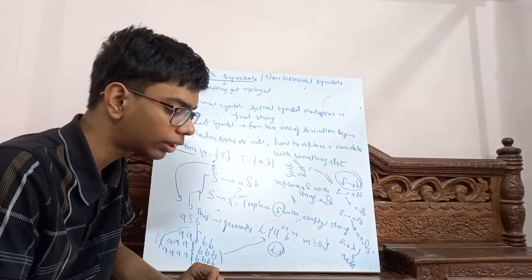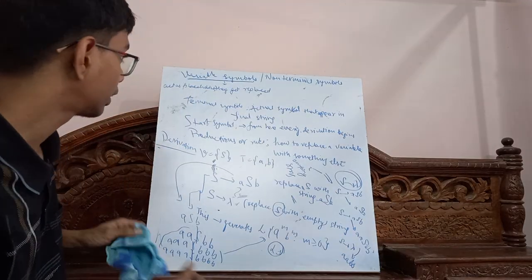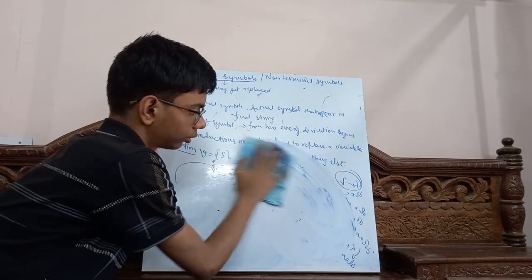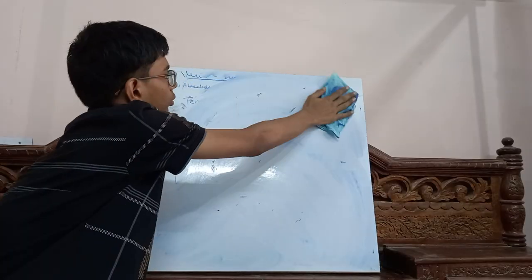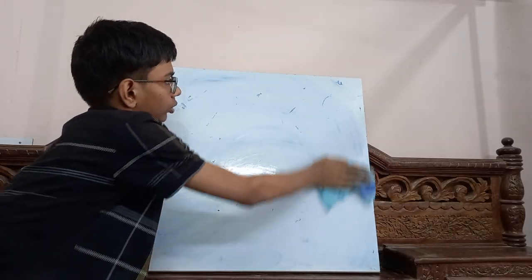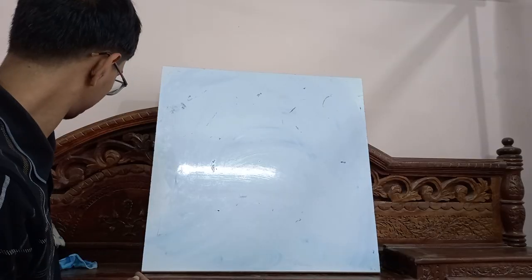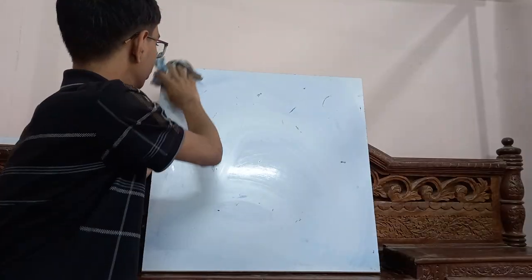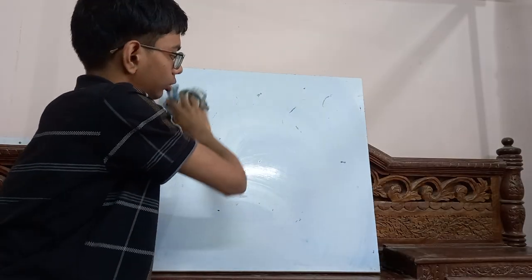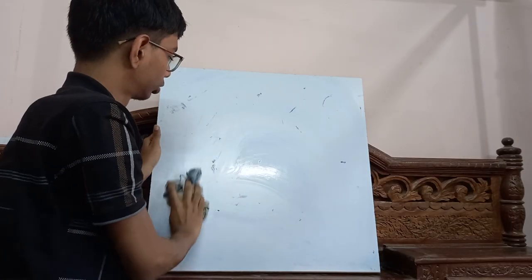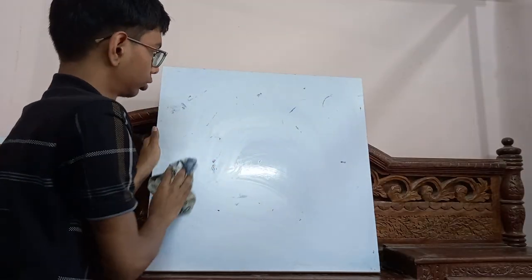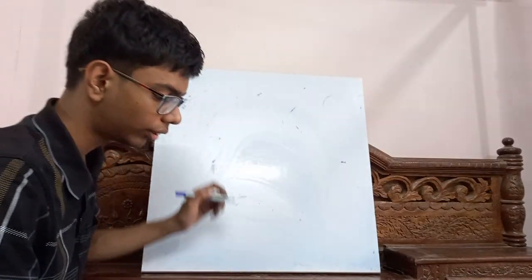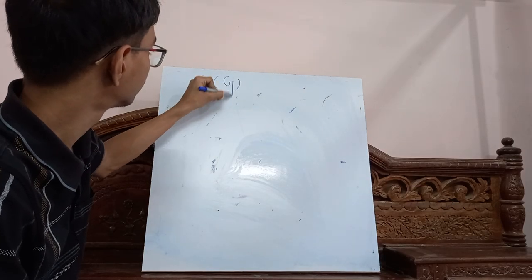Now, let's talk about the language generated by a grammar, which is written as L(G).